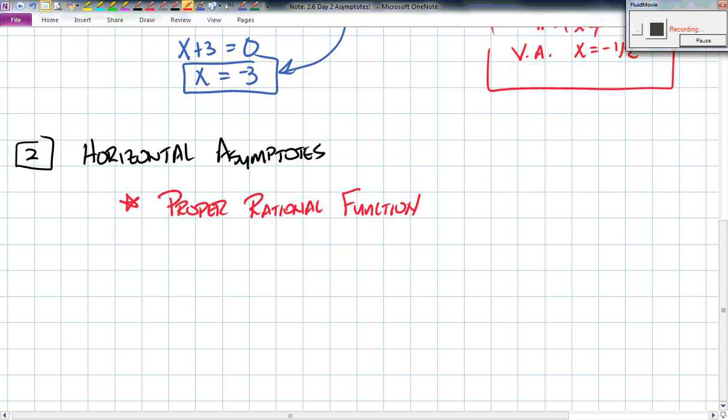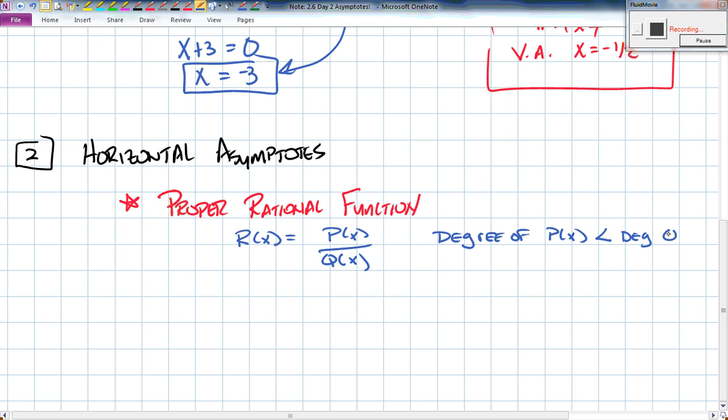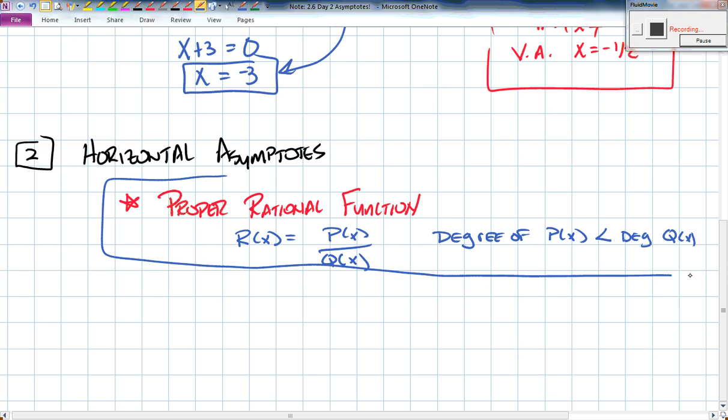The definition for a proper rational function says that if I have r of x, which is equal to polynomial over polynomial, p of x over q of x, if the degree of p of x, which is the numerator, is less than the degree of q of x, which is the denominator, then it's a proper rational function.